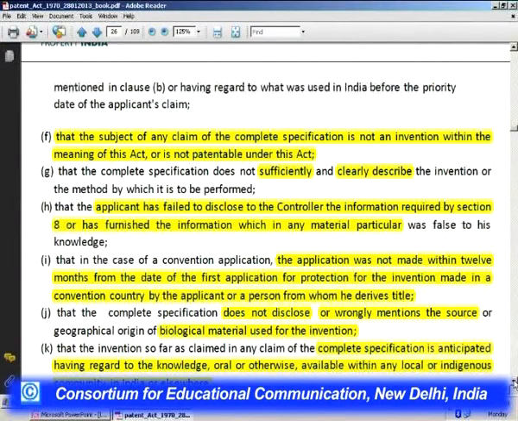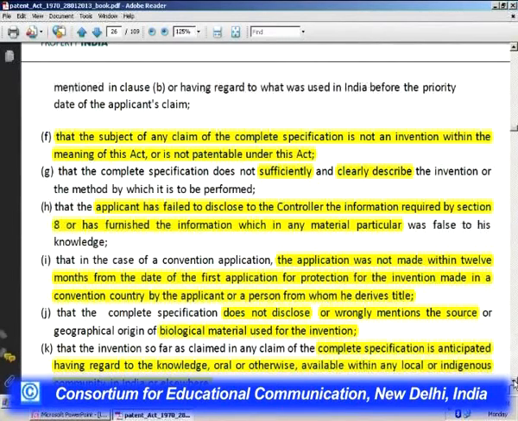It is a requirement where the application was not made within 12 months from the date of the first application for protection for the invention in a convention country by the applicant or a person from whom he derives title. Well, it is about the convention application, friends, and if the application was not made within 12 months after the first application for protection for the invention was made, then there may be trouble and pre-grant oppositions can be filed. So you can see it further when we discuss the convention applications.